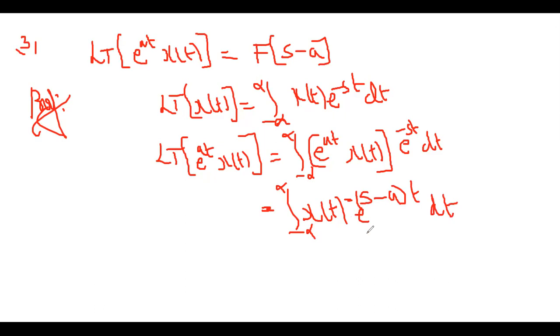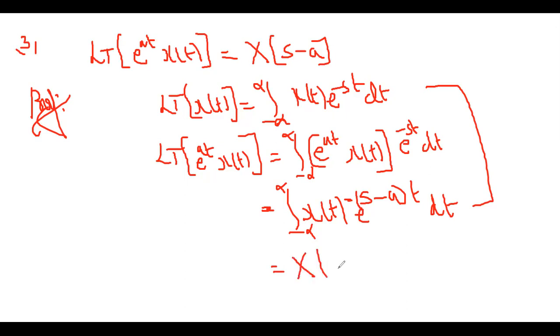So now observe here, it is similar to the Laplace transformation definition only. Compare these two. It is equal to X of s, but here instead of s, s minus a. So it becomes, I wrote here not f but x, because I take the signal as x of t.